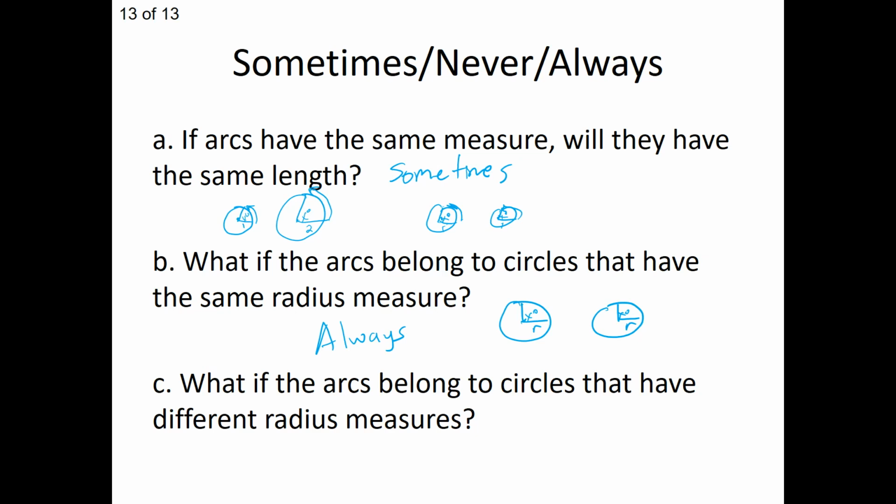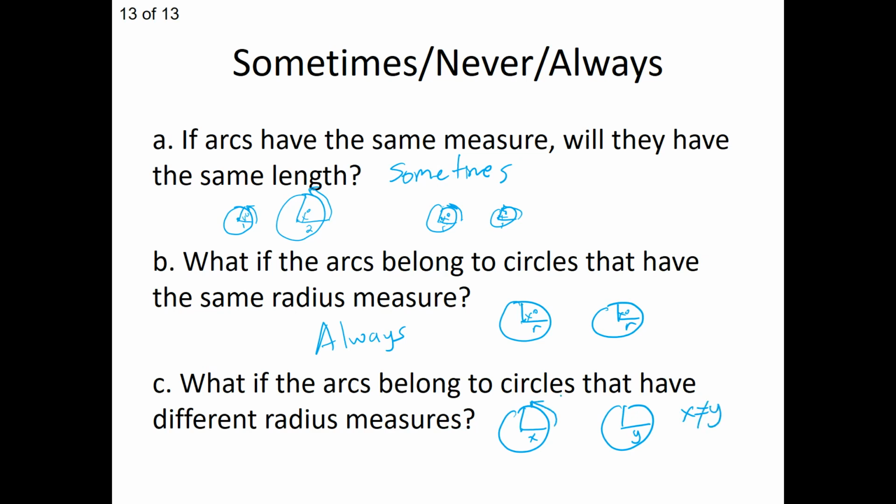Let's take a look and unpack part C. Again, go back to part A, which asks if arcs have the same measure, will they have the same length? Part C follows up by asking the same question, but this time, what if the arcs belong to circles that have different radius measures? So let's say I have this radius, let's call it x, and then we have a circle here that has another radius, let's call it y, but we're given that these two radii are not the same. The x is not equal to y.